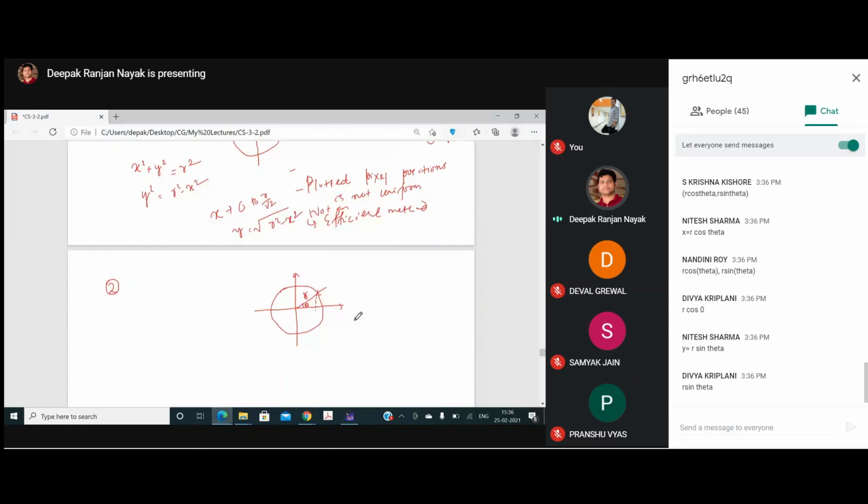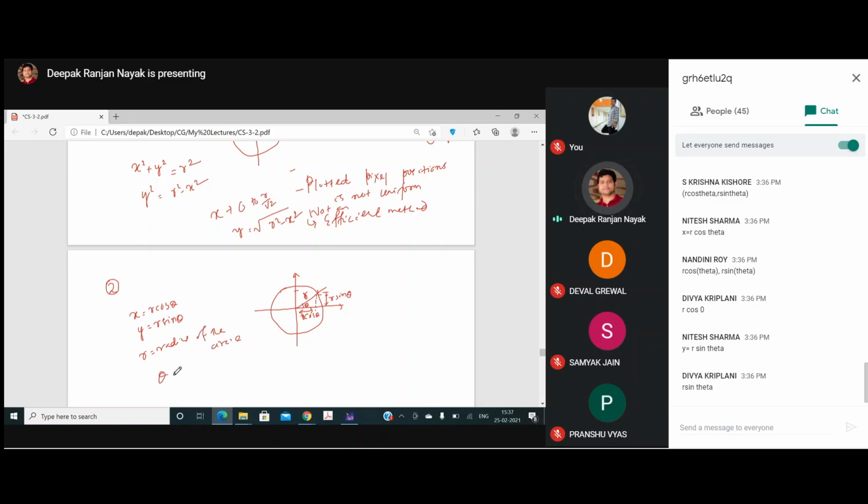So this is nothing but r cos theta, and this is r sin theta. So my x in this case is r cos theta, and my y is r sin theta. And r is nothing but the radius of the circle.